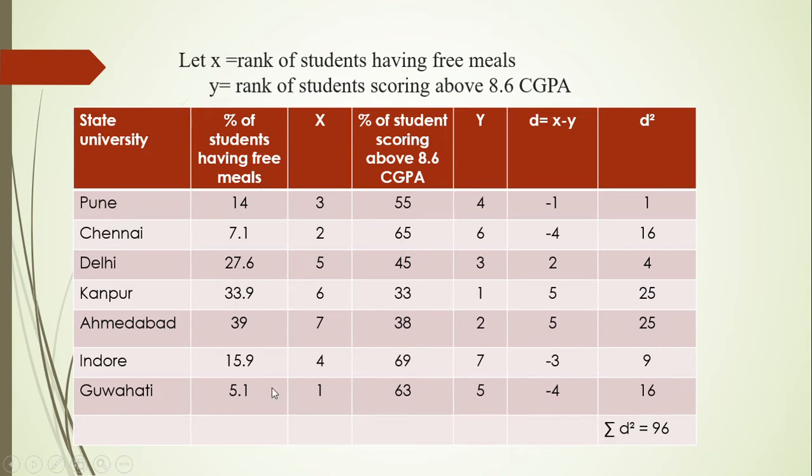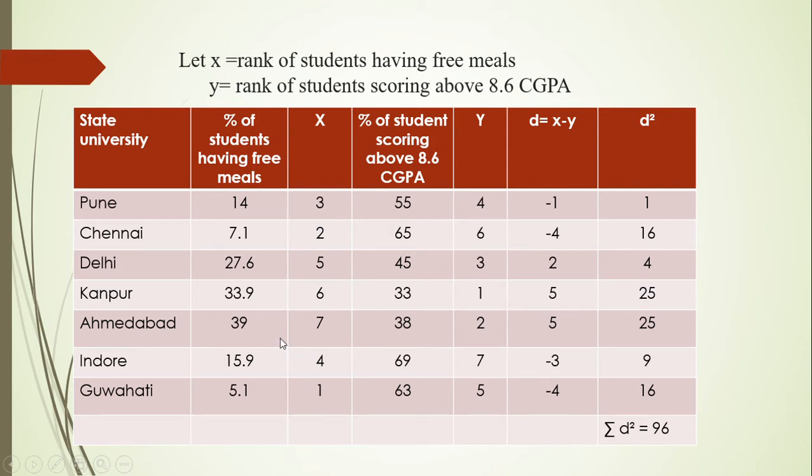As we know, we can assign the rank by highest value as 1 or lowest value as 1. So here we consider the lowest value as 1. So here 5.1, let's indicate that as the first rank. Then 7.1, let us assign the second rank. Then 14, so it is the third rank. Then 15.9, so it is the fourth rank.